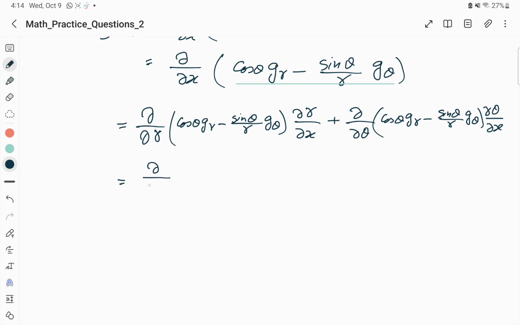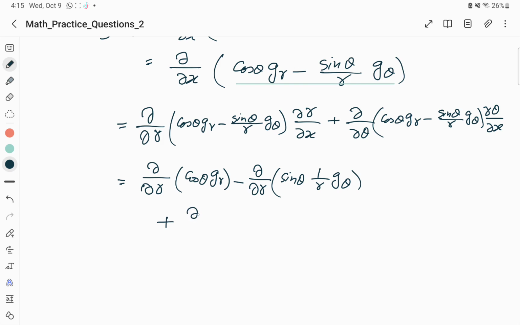So this will be partial by partial r applied on cos of theta into g_r, negative partial by partial r applied on sine of theta, 1 over r g_theta, plus partial by partial theta of cos of theta g_r, negative partial by partial theta of 1 over r, yes, 1 over r.